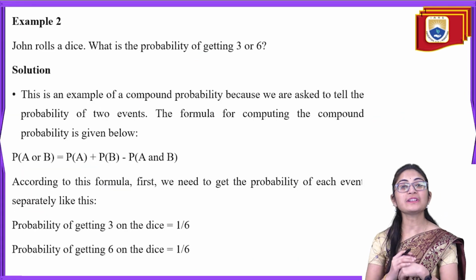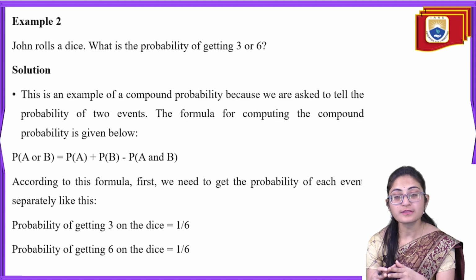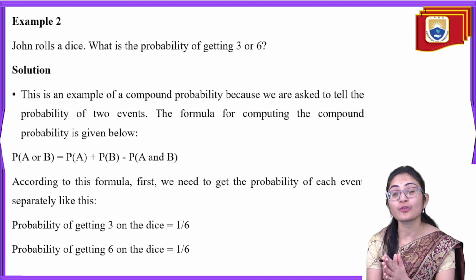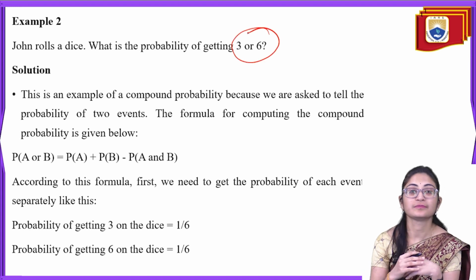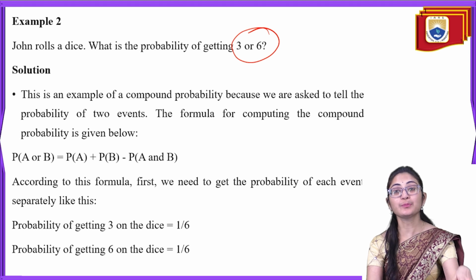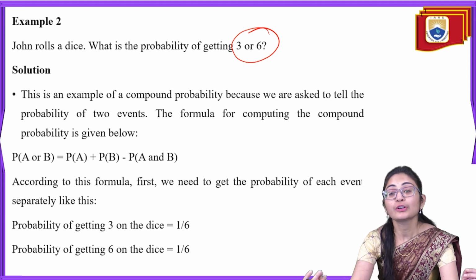Now example two: John rolls a dice. What is the probability of getting 3 or 6? This is an example of compound probability because we are asked to tell the probability of two events.